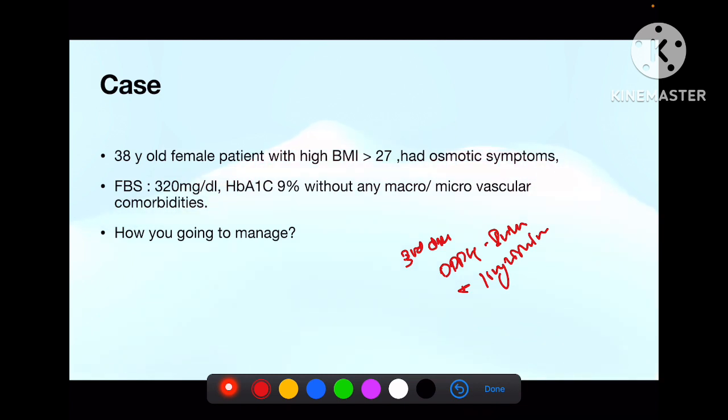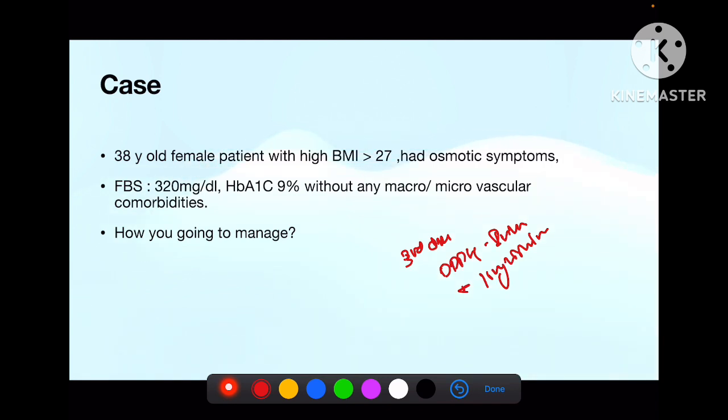Then you have to give a good diet plan for this patient, and somehow get your target HbA1c around 7 to 6.5.